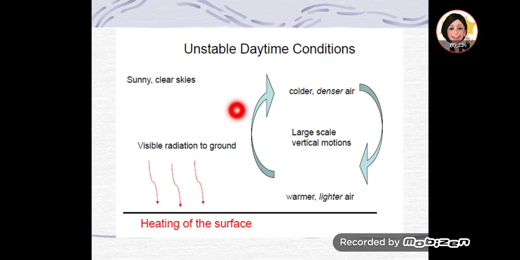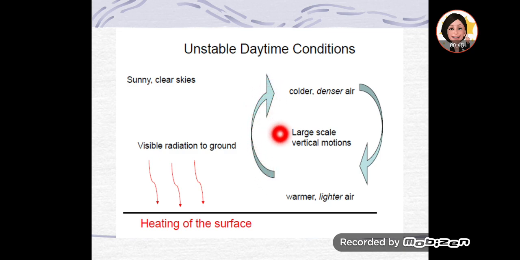Usually in the daytime we have a sunny clear sky, so you have sunlight, which gives visible radiation to the ground. There will be a lot of sunlight, which causes heating of the surface. The ground surface heats up, and when it gets warmer, the lighter air will go up.